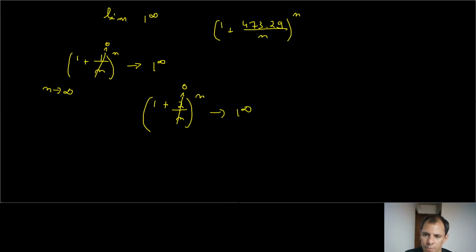Well, as n approaches infinity, this is going to approach 0, and then you have again 1 to infinity, and the limit's completely different from these two. So the limit of 1 to infinity is unknown. You're going to have to work out the equation to find out what the real limit is, because it's not just 1 times 1 times 1 times 1. It seems that it is, but it isn't.